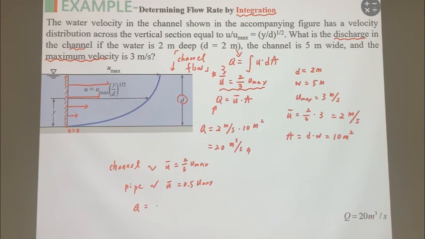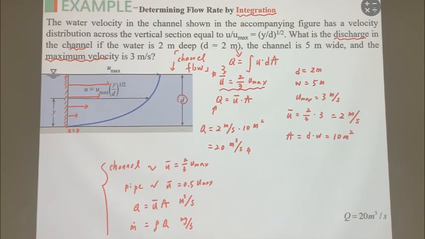And we always know that Q is equal to U mean multiplied by the total area. If you have Q, you can define the mass flow as rho multiplied by Q, and the unit is kilograms per second, with Q in cubic meters per second. So that's the idea you always need to keep in mind.